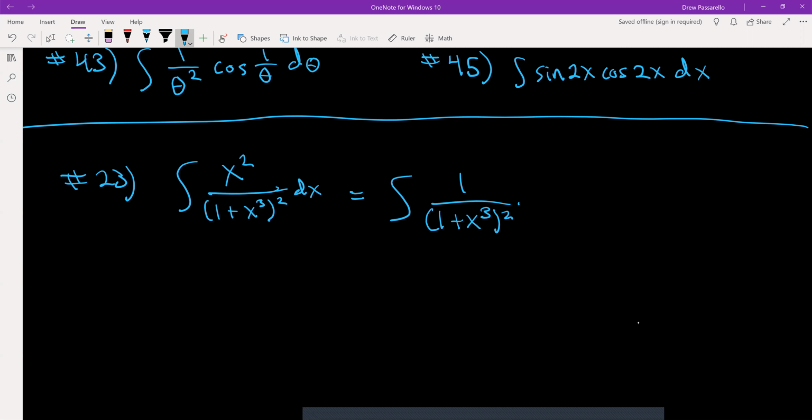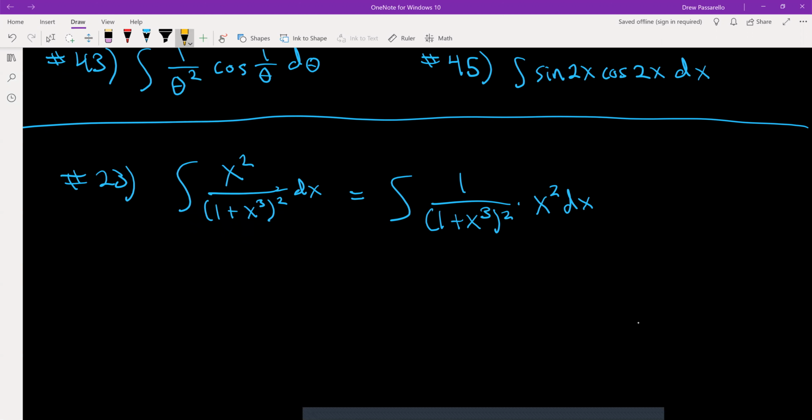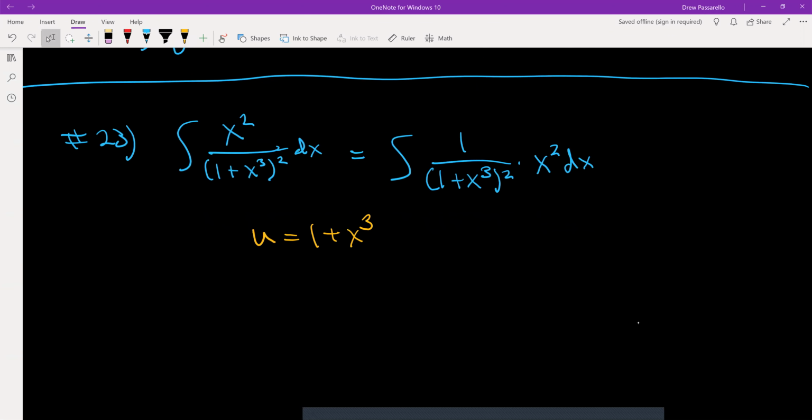And then put x squared dx. So I'll let u be the stuff in parentheses, the 1 plus x cubed. Taking the derivative of 1 plus x cubed, well, the derivative of 1 is 0.